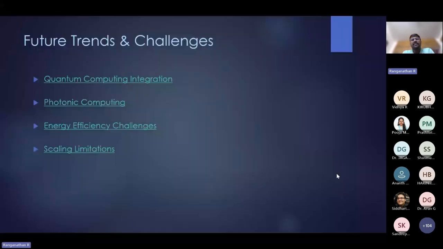And from a future trends perspective, again, we are all eagerly awaiting what is going to happen in quantum computing, right? So 1 month before, there were a lot of interesting updates from Google, but 2 days before, there was an interesting update from Microsoft. I'm not sure how many of you saw this, but let's look at this quick video, right?